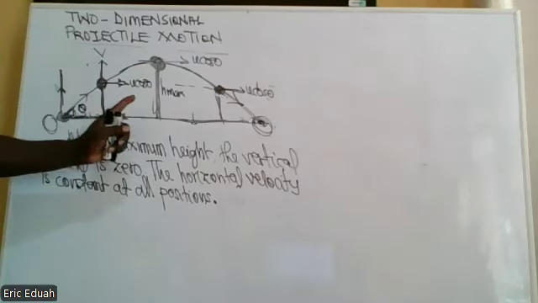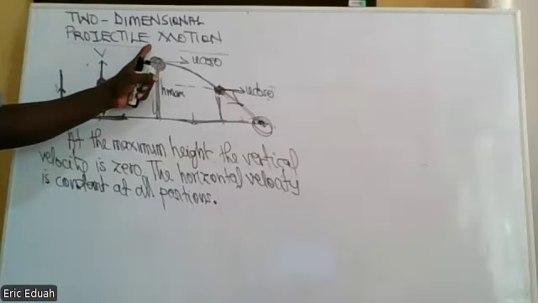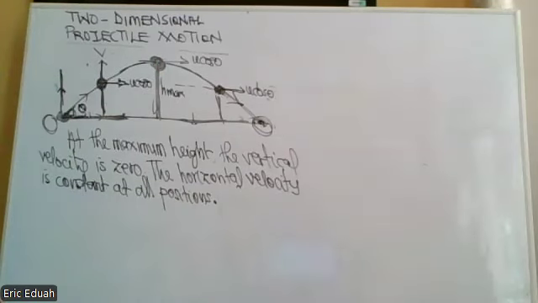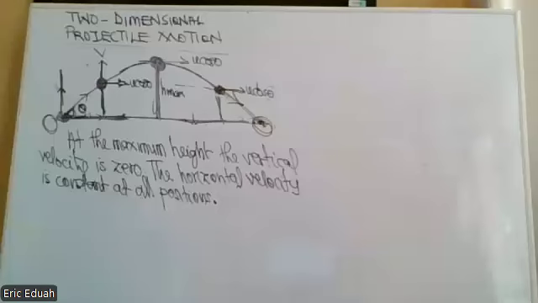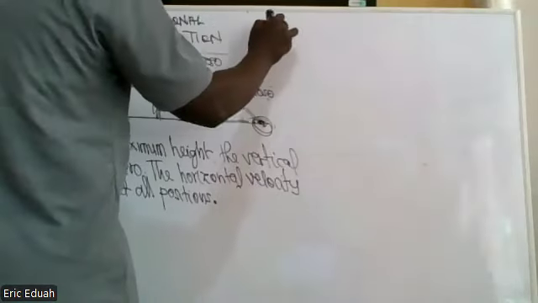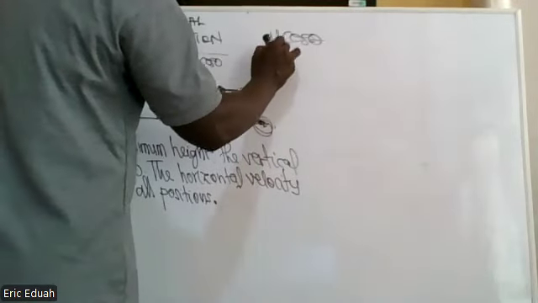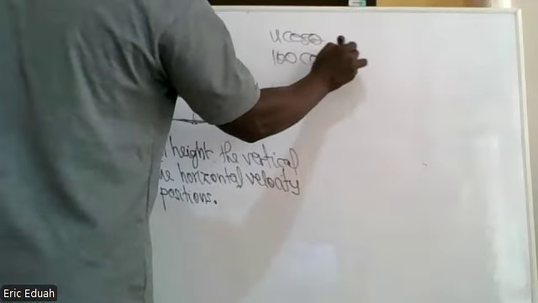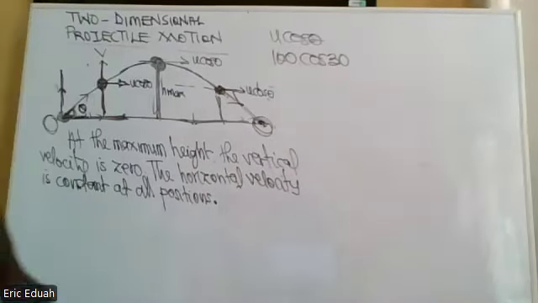Equally, under projectile motion, when the body gets to the maximum height, vertical velocity is 0. Only the horizontal velocity acts on the body. So the velocity of the body at the maximum height is u cos theta. If u is 100, then 100 times cos of 30. Cos 30 is approximately 0.866. So 100 times 0.866 is 86.6.